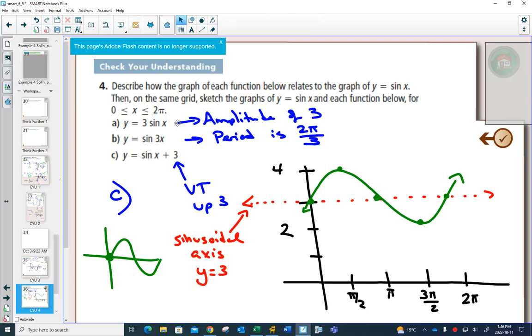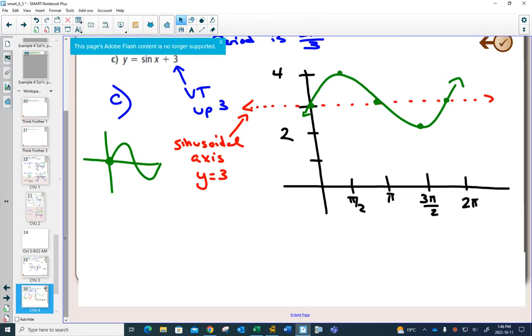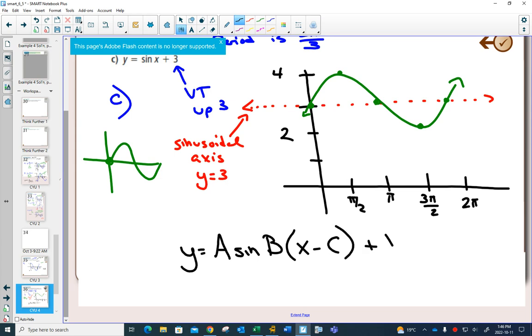So if we summarize what we've seen so far as shortcuts, and this could be with sine or with cosine, you can have all 4 transformations. The shortcut is that the vertical stretch or compression also tells you your amplitude.